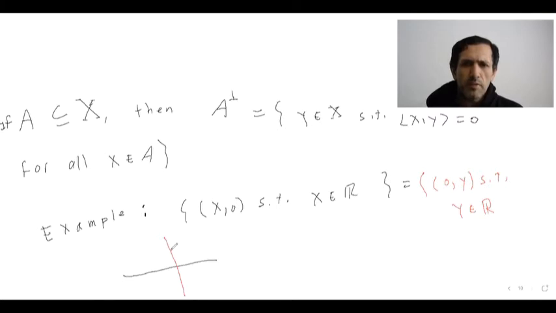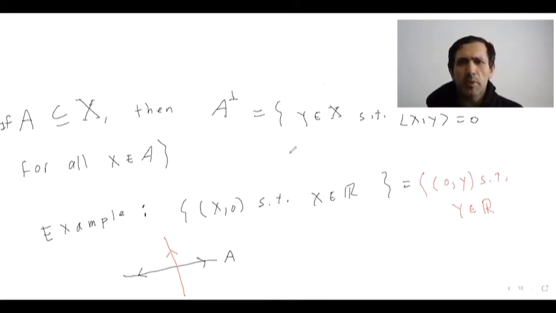Right, so A is just, well, if we think of vectors in the plane emanating from the origin, then A is, of course, just all vectors sitting on the x-axis.